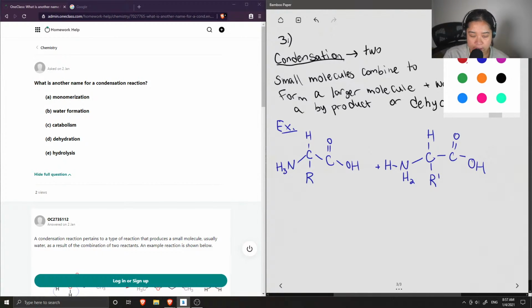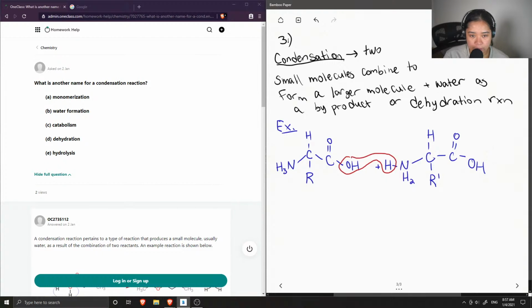But during a condensation reaction, the two amino acids combine, and you can see where water can be formed as a byproduct. And our final product is the combination of the two to get a larger peptide.